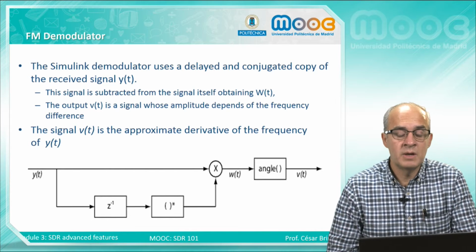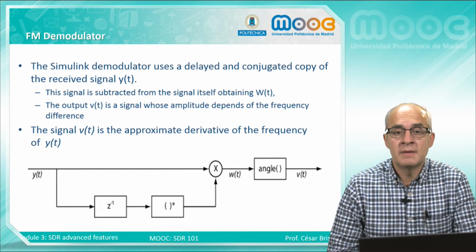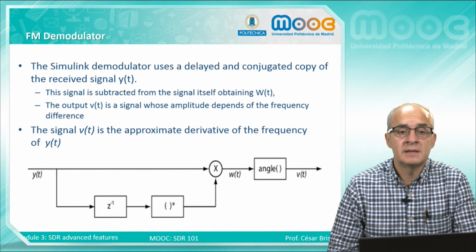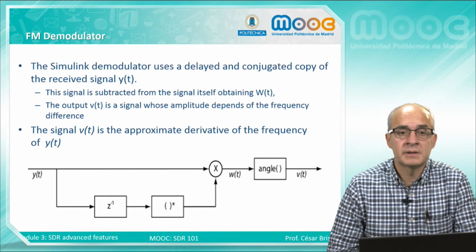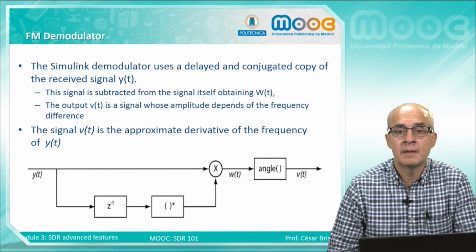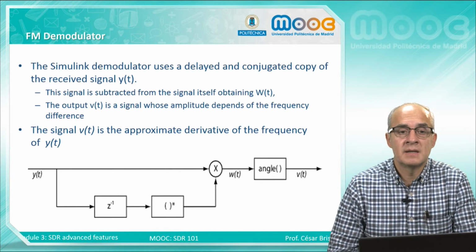Internally, the Simulink demodulator uses a delayed and conjugate copy of the received signal, I of t, and this complex conjugate is multiplied with the signal itself, obtaining a W(t) signal.